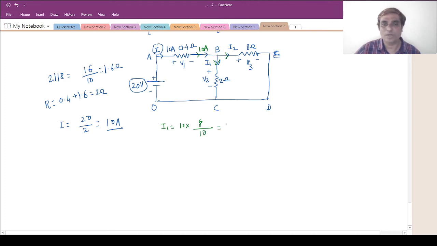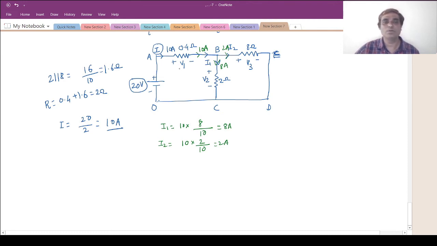So it will be 8 ampere. Similarly, I can calculate I2 either using the same current division rule, or I can use KCL. I2 will be 10 into 2 divided by 10, which is 2 ampere. If I1 is 8 ampere, the remaining 2 ampere will flow in this branch. Now I know the currents for each branch.